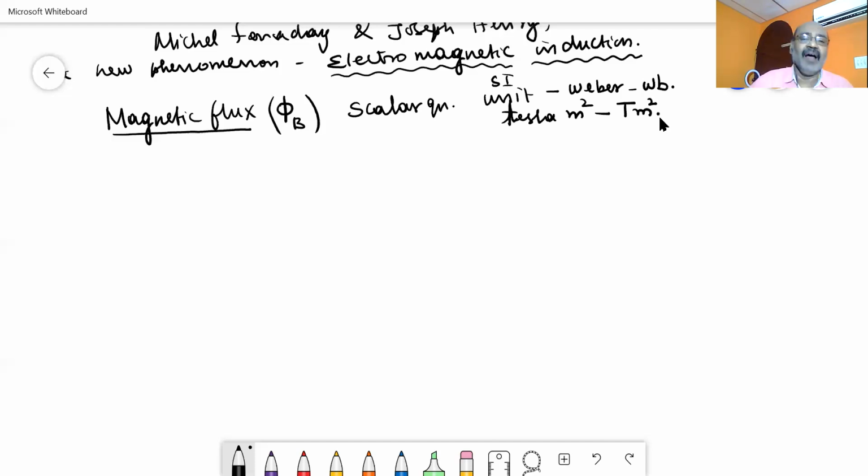Let us see how you can state or define this magnetic flux.